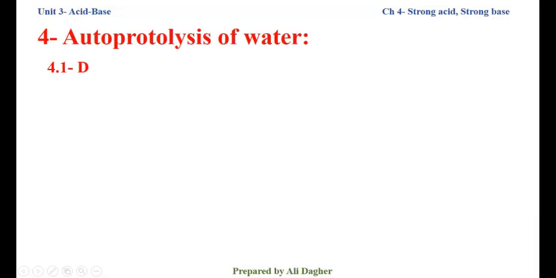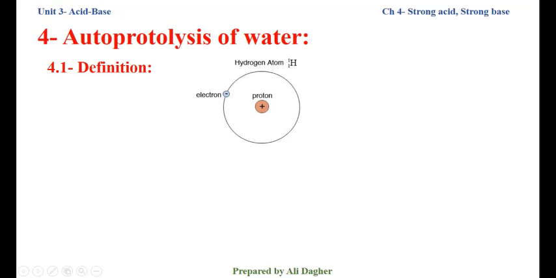Autoprotolysis of water. Definition. The hydrogen atom H-1-1 is formed of one proton in its nucleus and one electron in the electron cloud. It has no neutron in the nucleus.